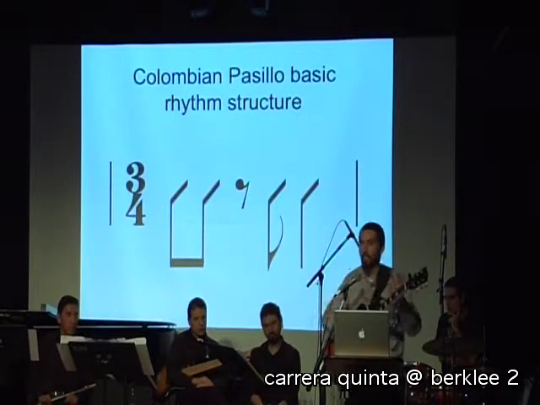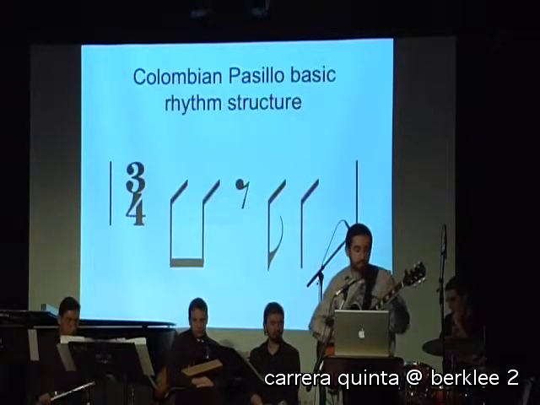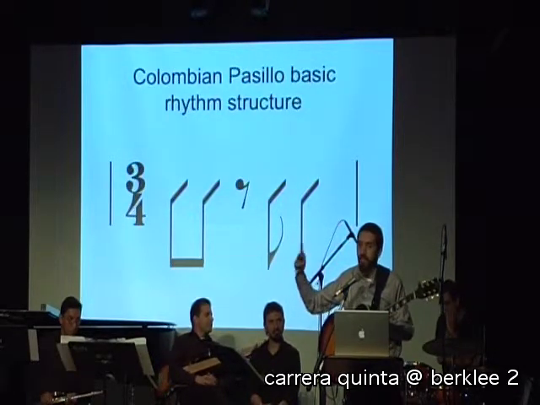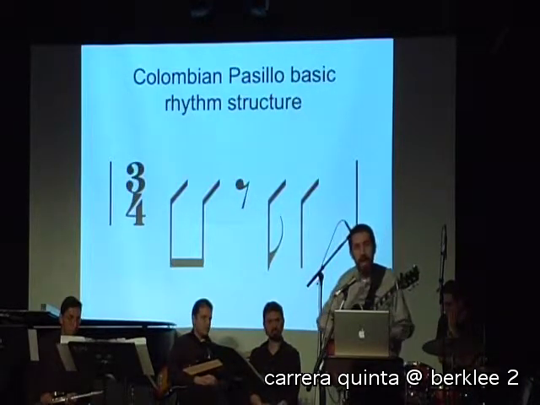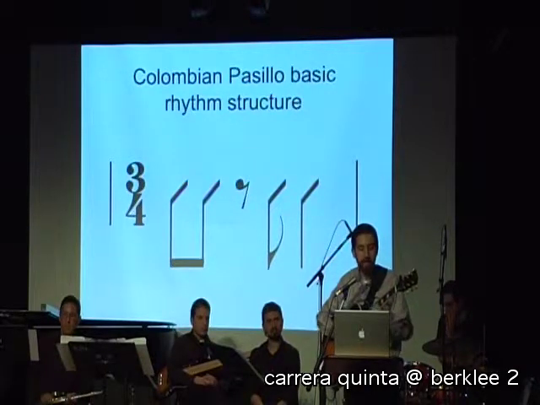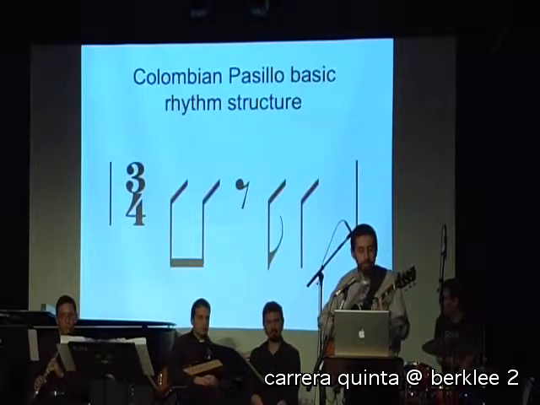This is the most basic way. It's like I said before, pasillo 101 style. There's something important here. Most of the time, at the end of each section, you listen that they play this at the end. There is always a cue in the ending, this rhythm that is dotted quarter note, dotted quarter, eighth note, and a quarter note.